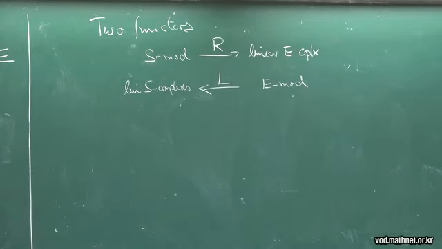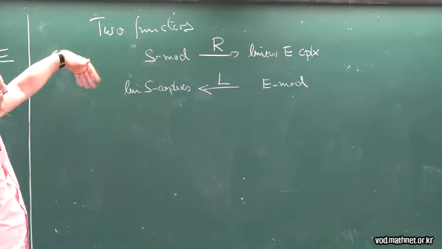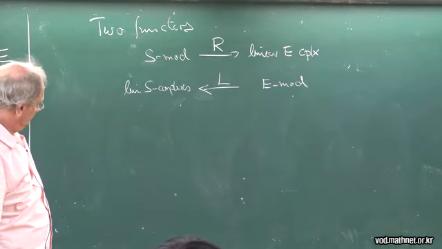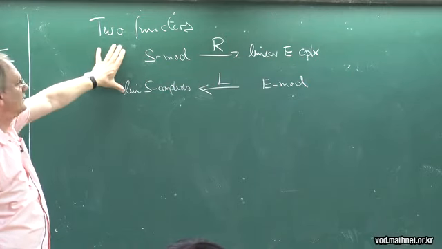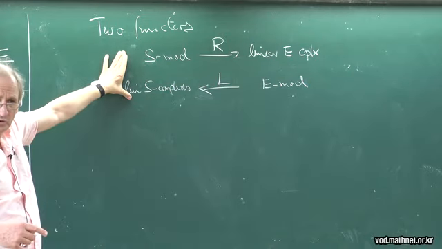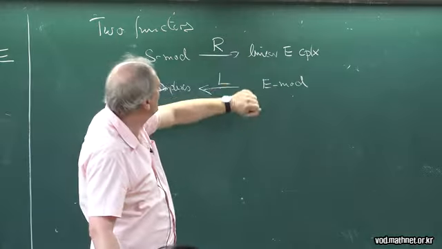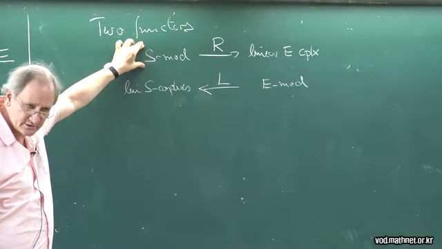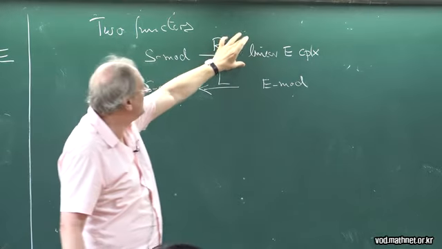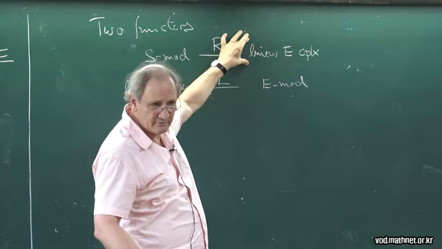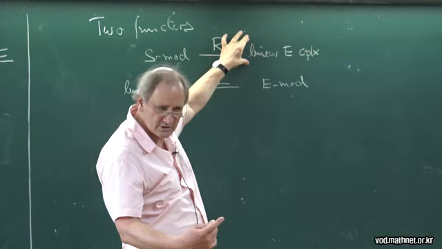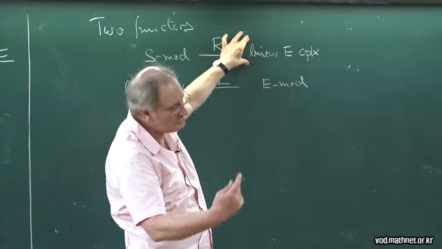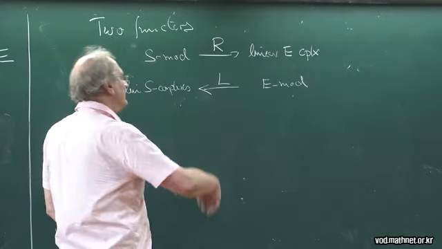Of course, we could extend both of these things to arbitrary complexes. We could take complexes of S modules. Then we get a double complex of E complexes out of this construction, functorial. We can take the total complex and vice versa.